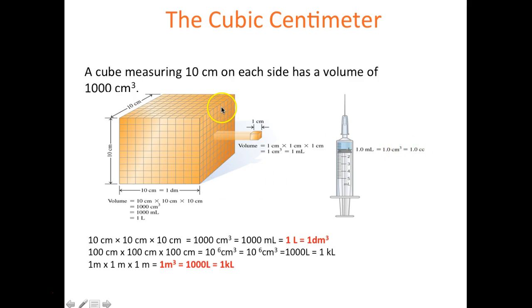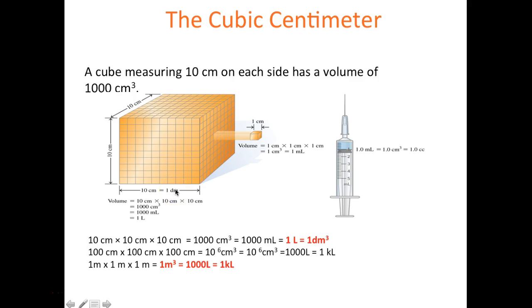Now if you have a larger cube made up of 1,000 of these small cubes, that cube has sides of 10 centimeters. So 10 by 10 by 10 is 1,000 centimeters cubed. 10 centimeters, as you can recall, is 1 decimeter.